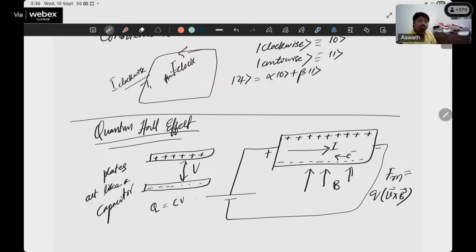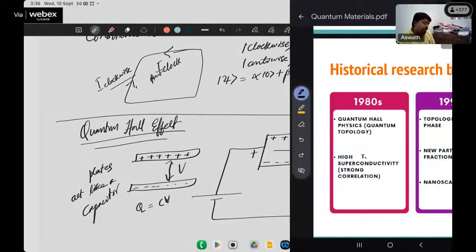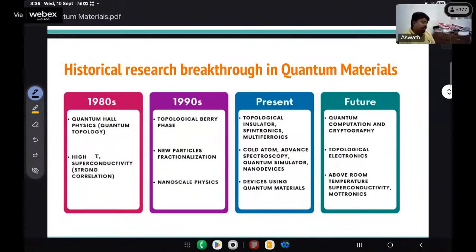How much charge is accumulated depends on the voltage. V is equal to Q by C, where C is the capacitance. This is actually the Hall effect, known after Hall. This was perceived or discovered back then, so it all started there.